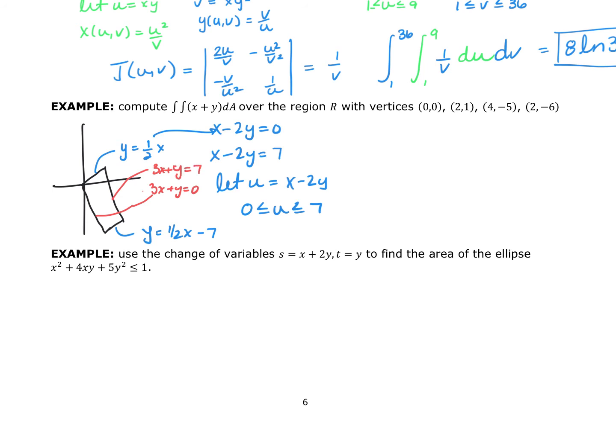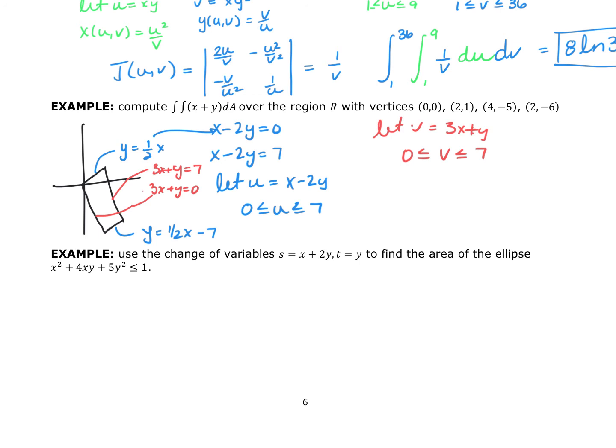So if you're thinking, let v equal 3x plus y, I would agree with you. So then my v would run between 0 and 7. So now I'm almost ready.